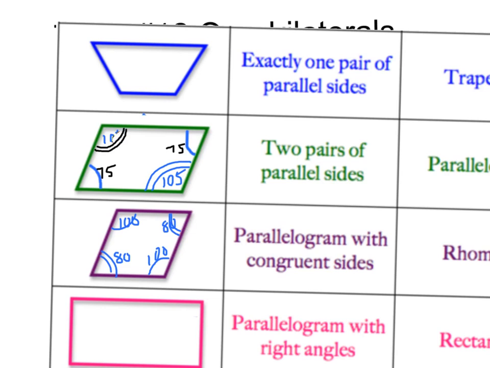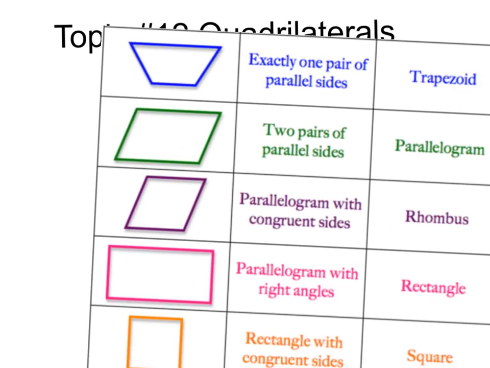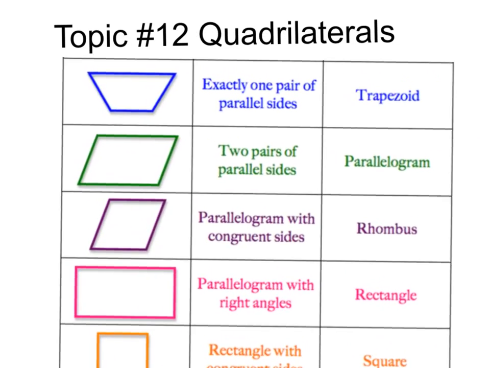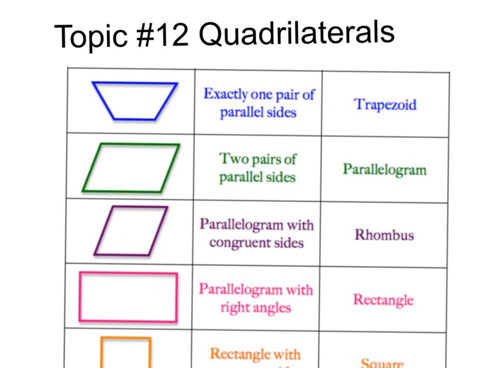There are some other things too that are as important, and let's cover that right now. Mostly concerning the diagonals. There's a lot of talk on the test about the diagonals of a shape.